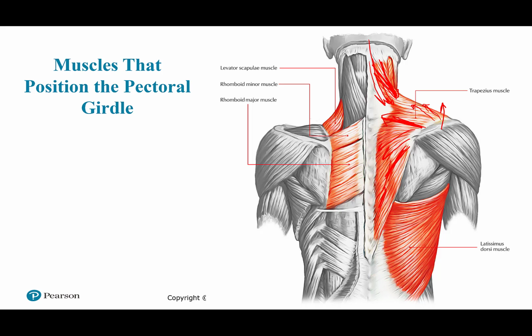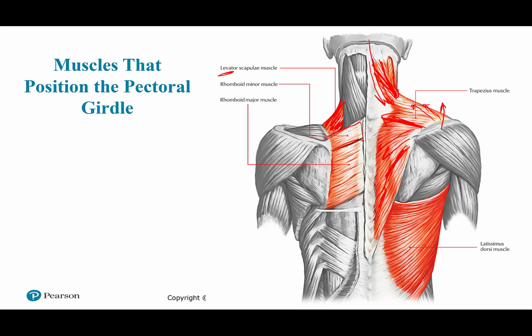Another muscle that can act on the shoulder or the scapula is this muscle right here, the levator scapulae. Levator means you're pulling something up, you're levitating something, and scapula is your scapula. So the levator scapulae is the muscle that elevates your scapula, your shoulder elevation, basically.